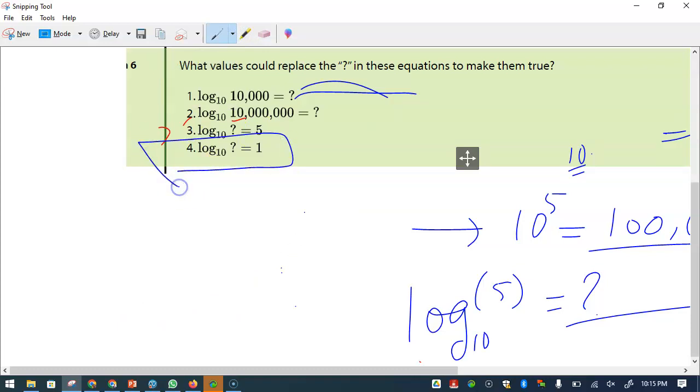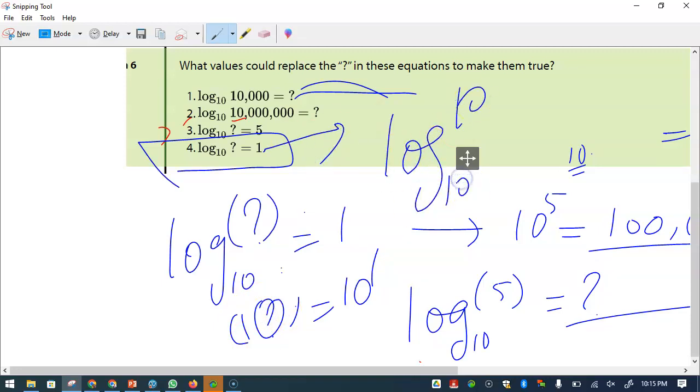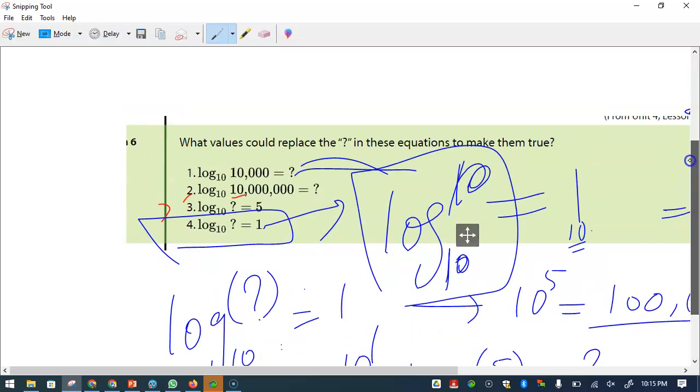What is this? So logarithm of question mark here, and they put 10 is 1. Basically, question mark is 10 raised to 1. And 10 raised to 1 is 10. Is it done? That's all it is. So the only way you can get this is log of 10 to the base 10. One more thing you see is whenever these numbers are the same, you always end up getting 1.